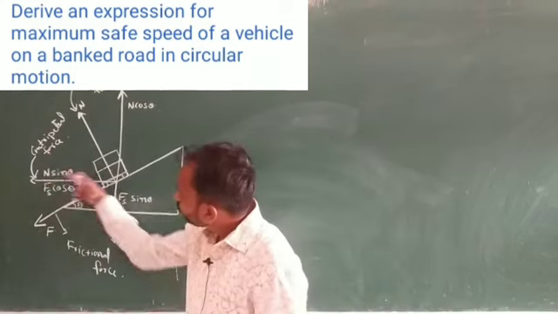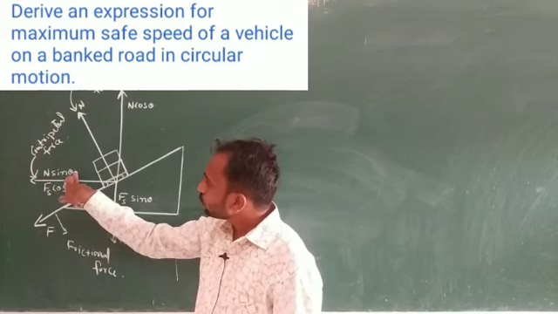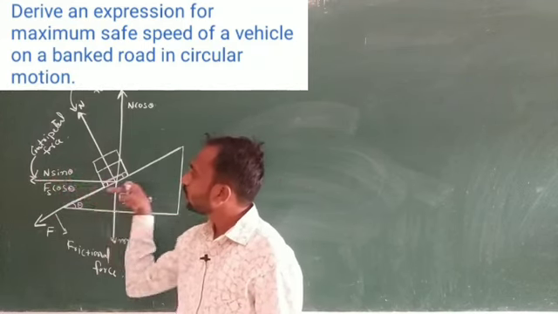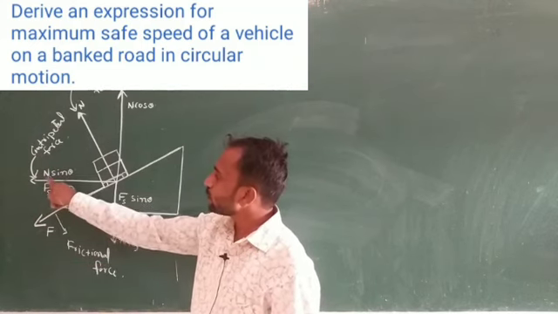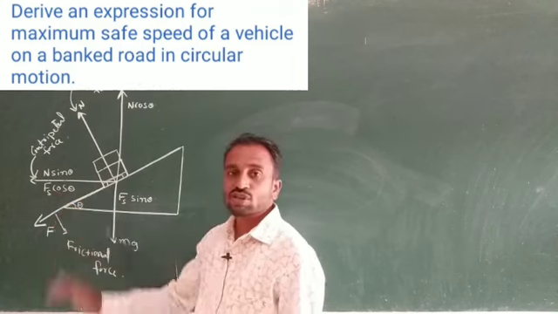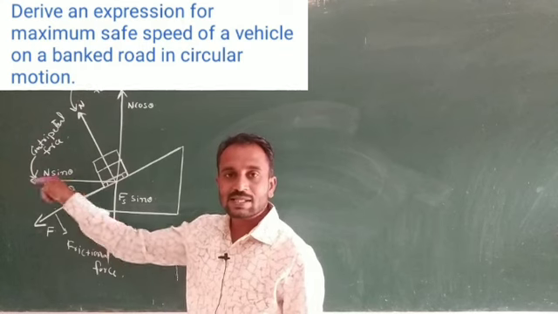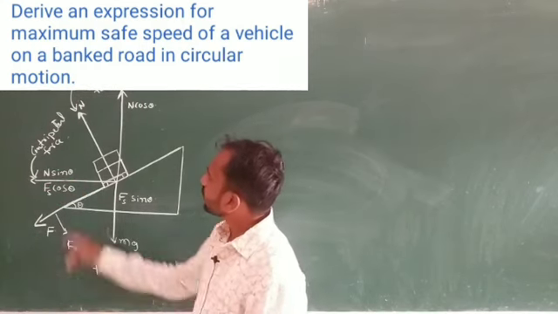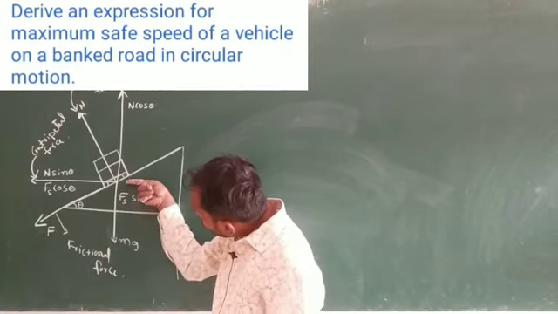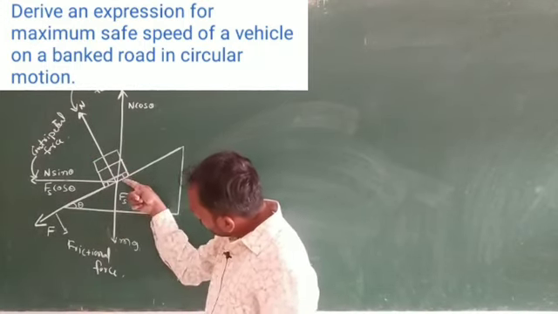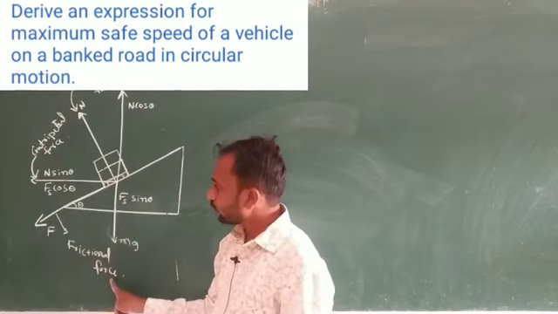In this direction the force is the centripetal force, which is nothing but two vectors acting along the x-axis in the same direction. So the centripetal force is n sin theta plus Fs cos theta, because two vectors act along the x-axis in the same direction. Here n is the normal reaction, and along the y-axis we have the weight of the body and the frictional force.